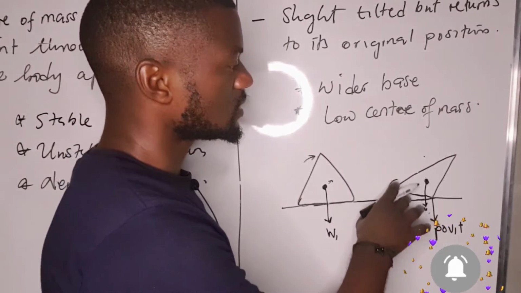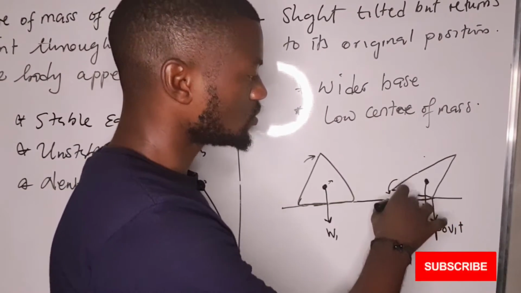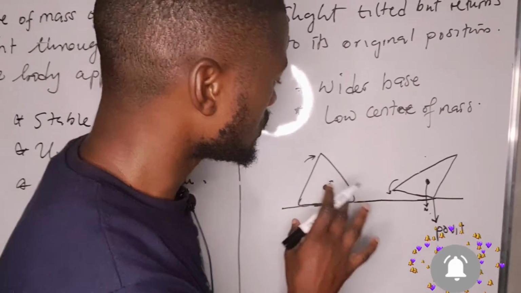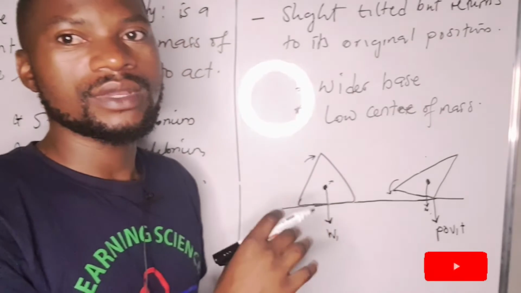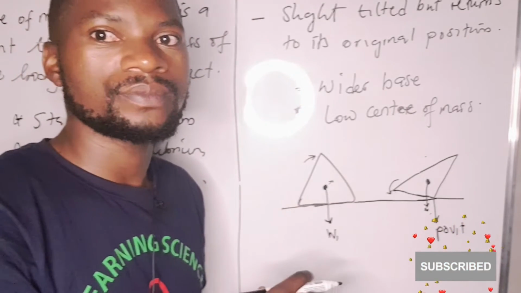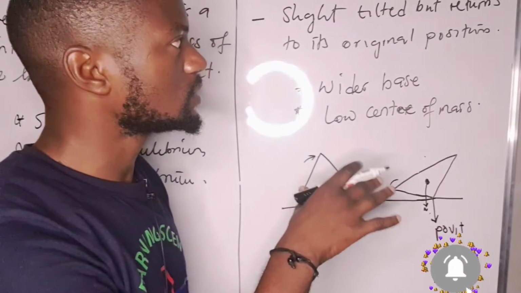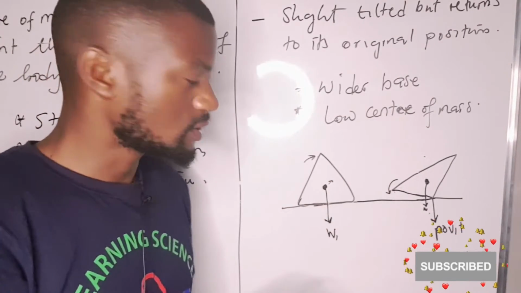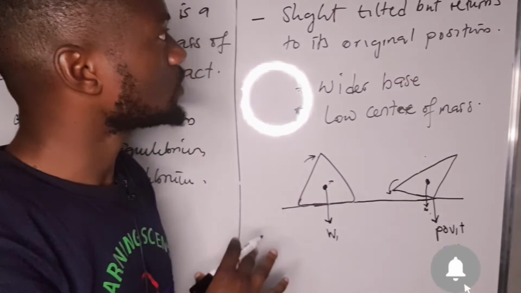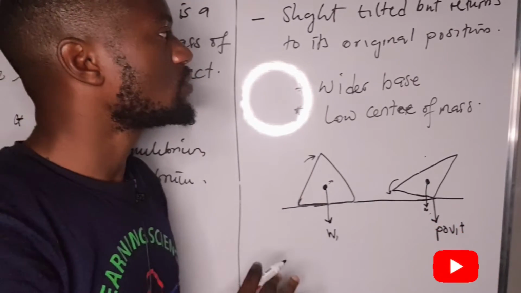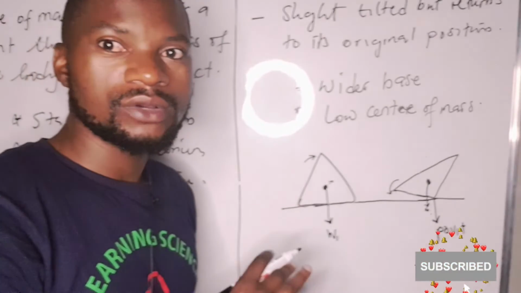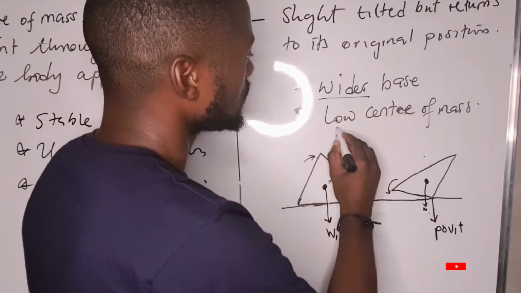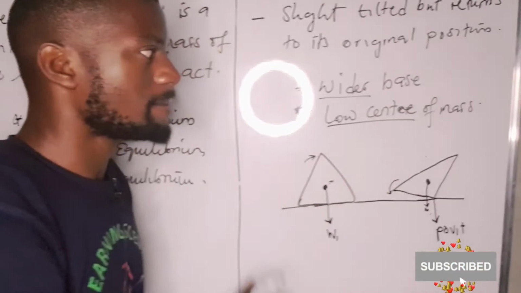So since gravity is acting around this point, it pulls the object back to its original position. So a situation of that nature is what we are calling the stable equilibrium, where an object is tilted but still returns to its original position. So stable equilibrium consists of having a wider base and a low center of mass.